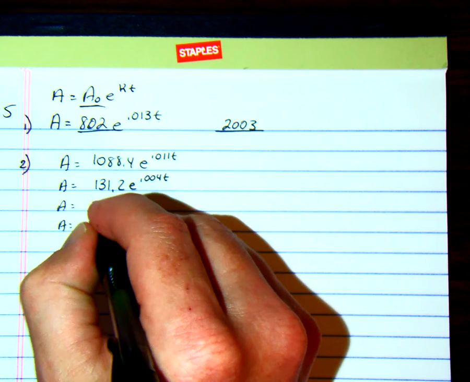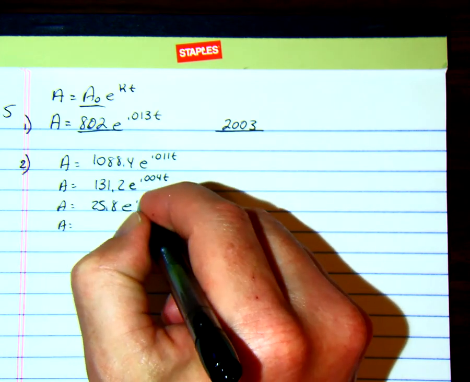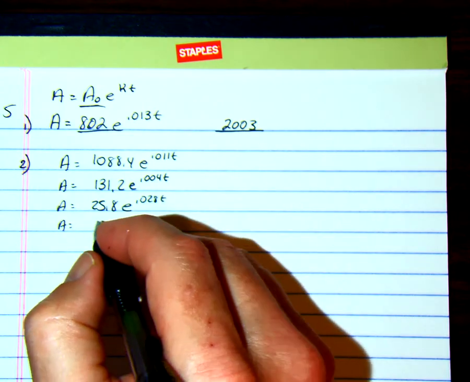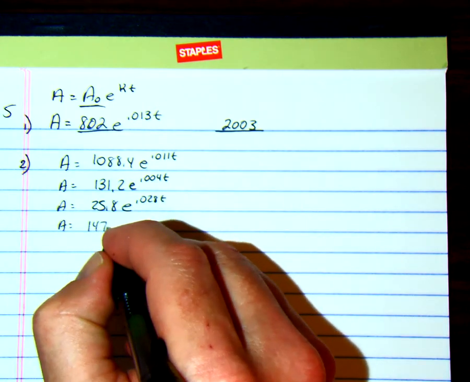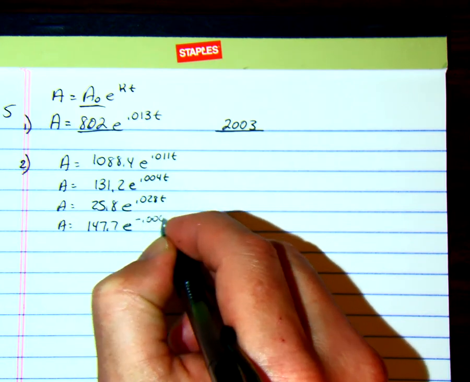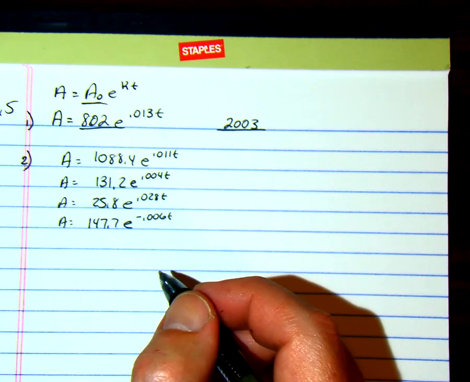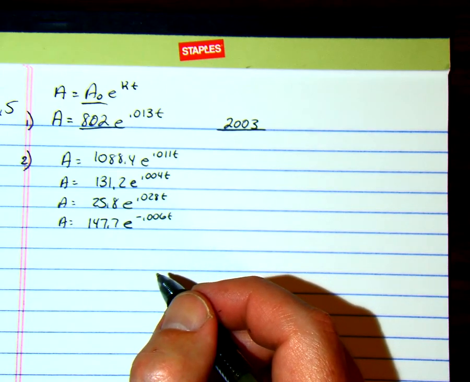We've got 25.8 e to the 0.028 t power, and here I said it wasn't going to take very long. 147.7 e to the negative 0.006 t.